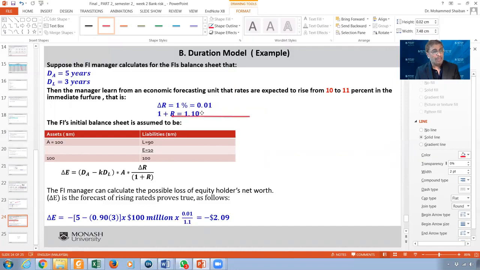Then I can calculate this formula, which I showed you before. The change in equity is duration of assets minus K, where K is the leverage, which means how much is the liabilities to the assets.